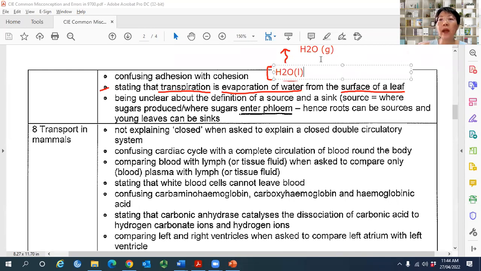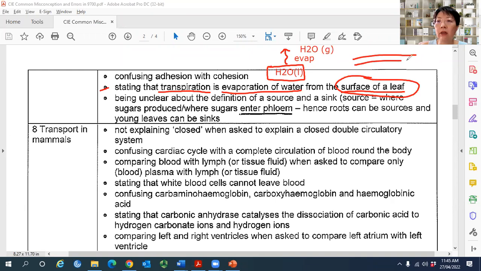After that, when it evaporates on the surface of the mesophyll cell, it becomes gas. So this is called evaporation, right? It doesn't evaporate on the surface of the leaf. In this case, it evaporates on the surface of the mesophyll cell. So this statement is wrong.